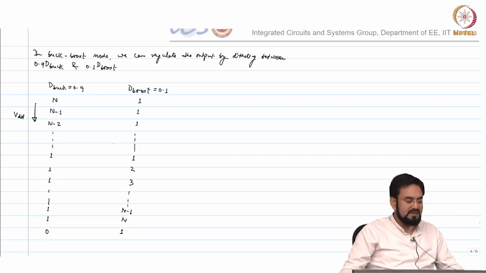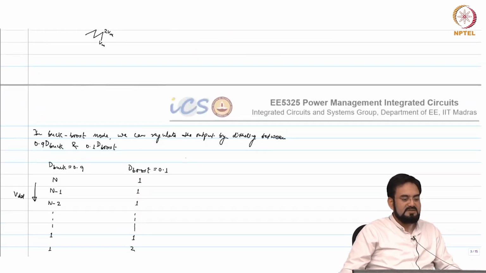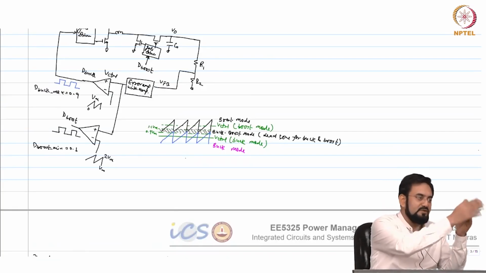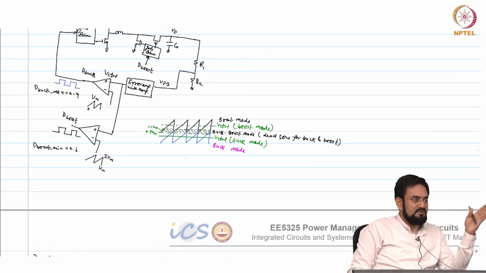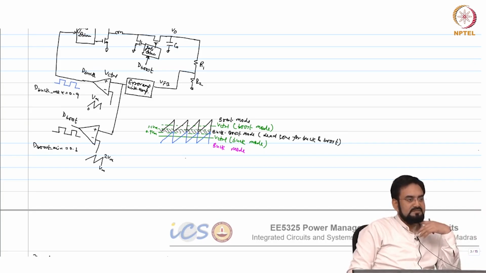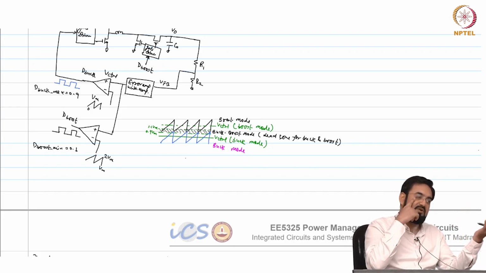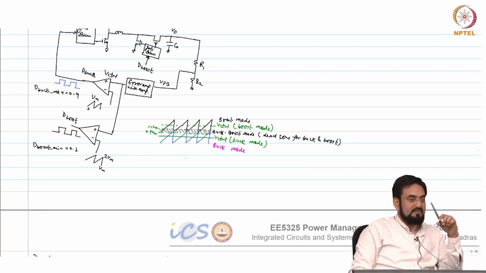If you require 4-bit, then you will get like 15 different codes, which means this range will be sliced into your fine resolution of 1 LSB. So each LSB will depend upon the number of bits you are using, correct?